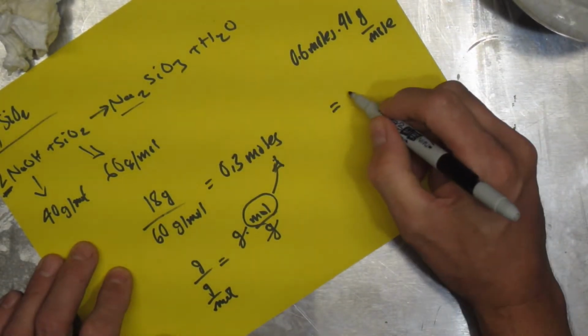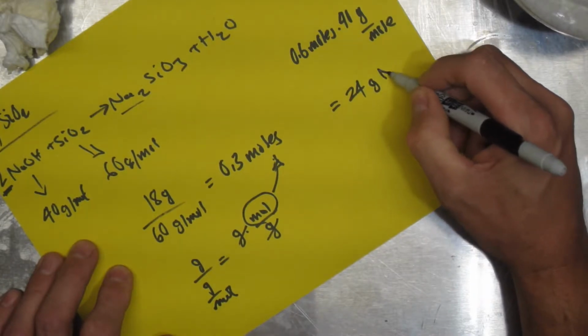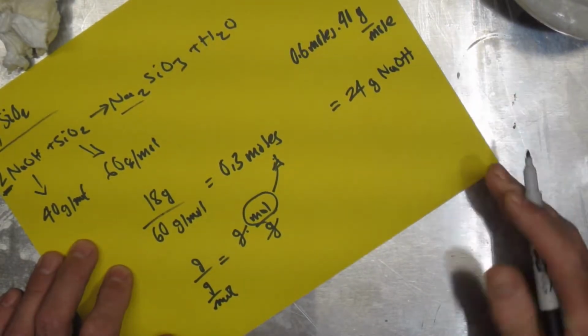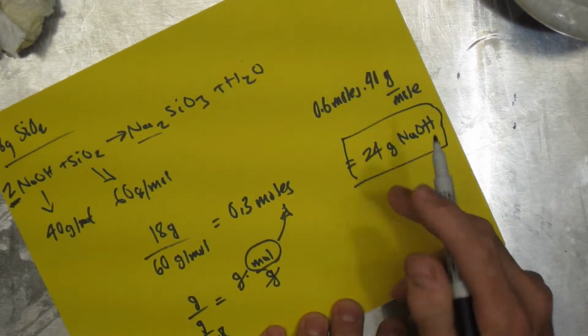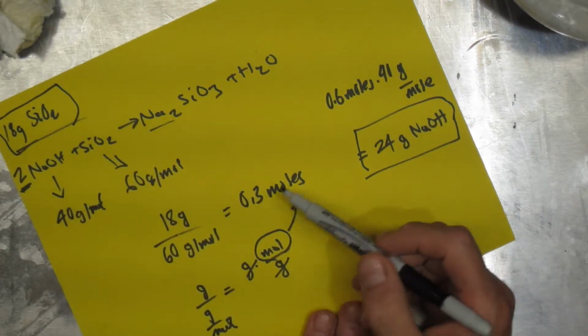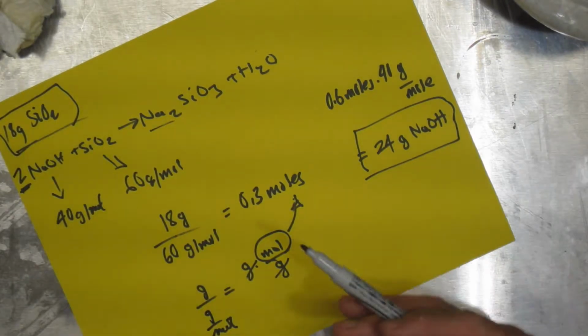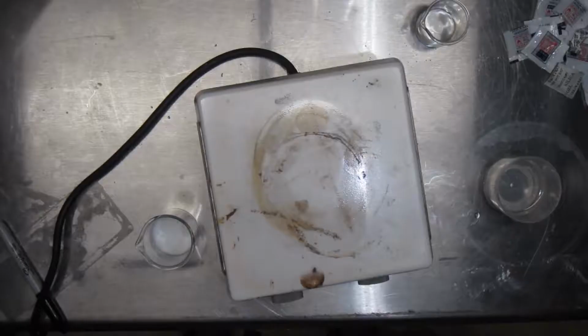And that is equal to 24 grams NaOH. It's as simple as that, my friends. So simple. 24 grams of sodium hydroxide for our 18 grams of silicon dioxide. And that will give us exactly enough to make the reaction chooch perfectly.